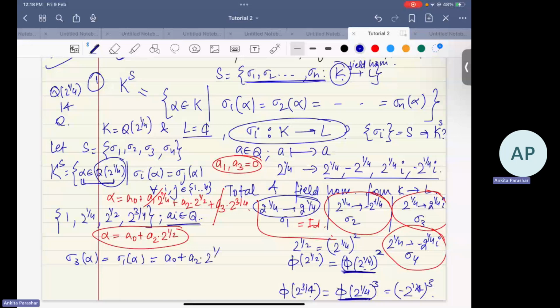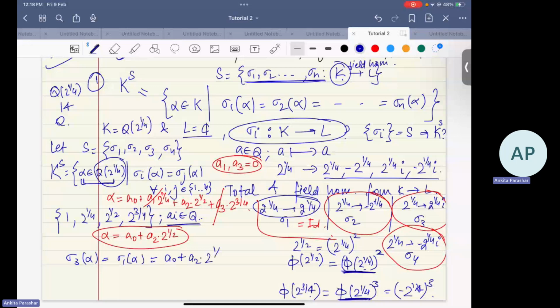Notice we have two real roots, two imaginary roots. And this field does not contain imaginary roots. This is a real field, right? Therefore, 2 power 1 by 4 either goes to this or goes to this.